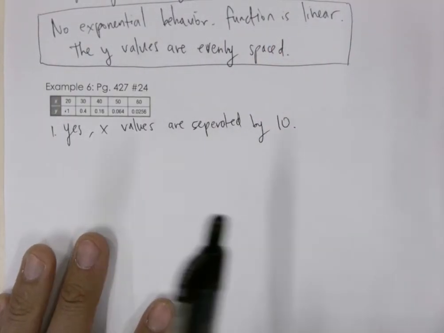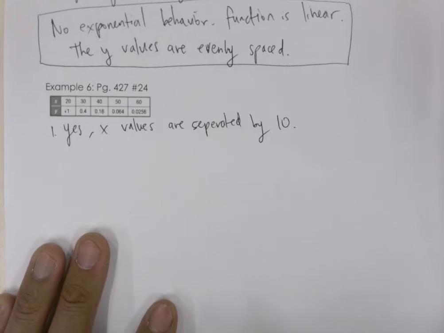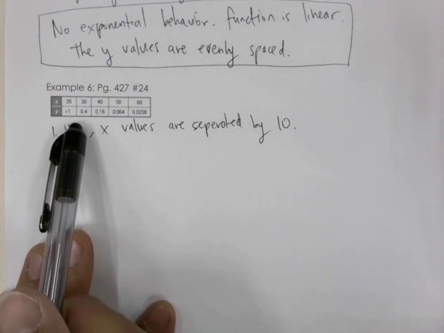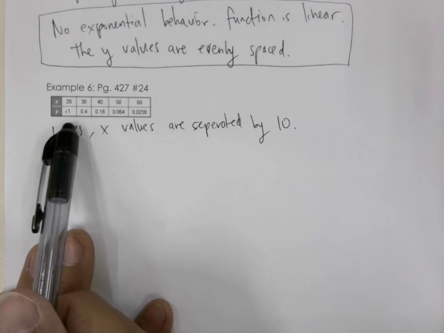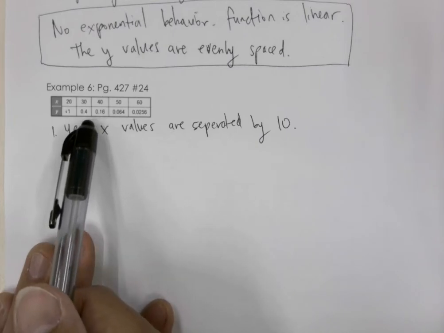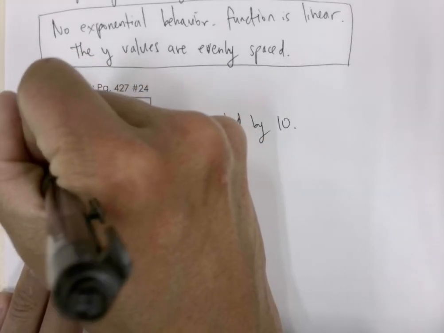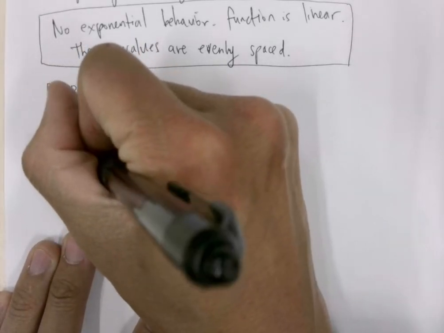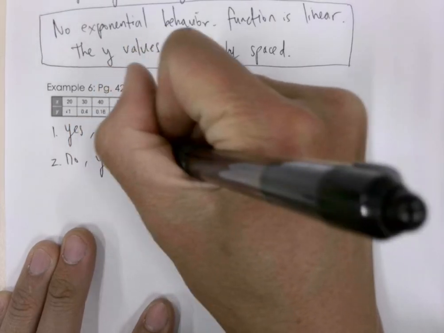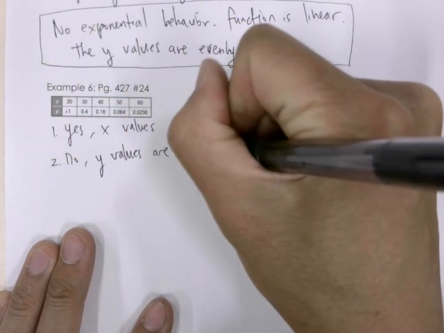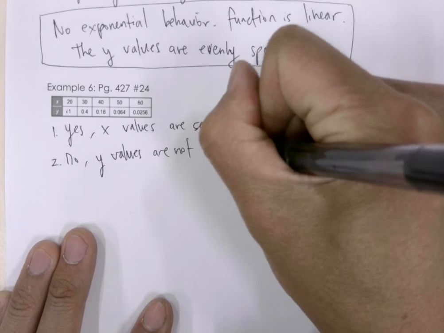Next, we're going to check, are the y values evenly spaced? We can see here it's 0.6 that separates the first two y values. Then here's 0.12. So we could say here no, the y values are not evenly spaced.